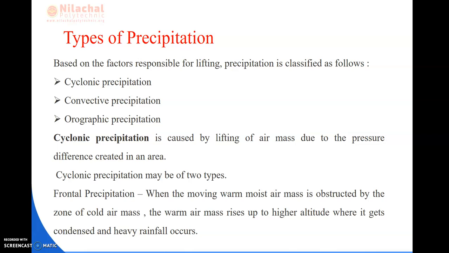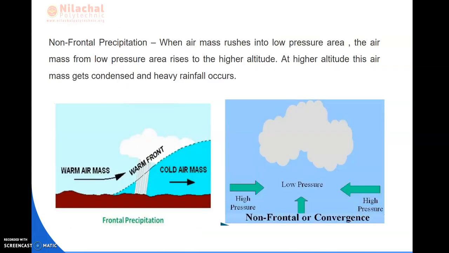First, in frontal precipitation, when the moving warm moisture mass is obstructed by the zone of cold air mass, then the warm air mass rises up to a higher altitude where it gets condensed and heavy rainfall occurs. You can see here in the frontal precipitation, the warm moisture rises up along the warm front, and here the cold air mass is placed.